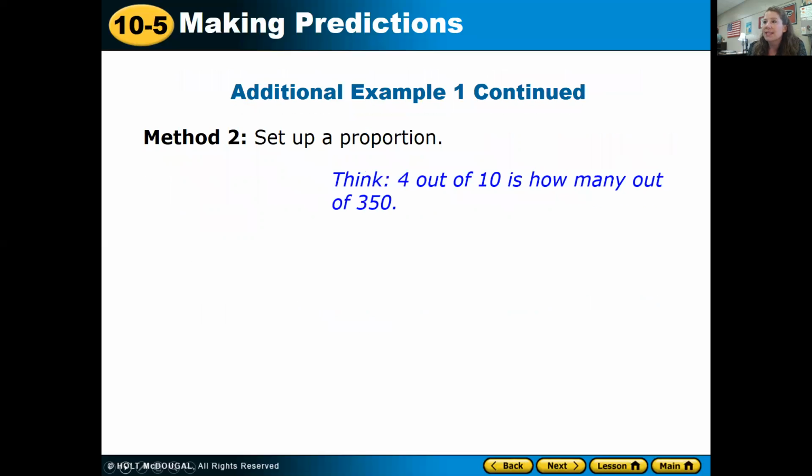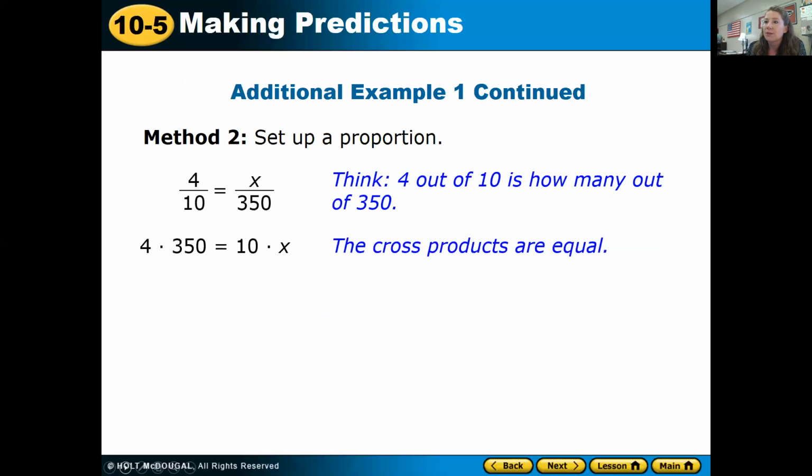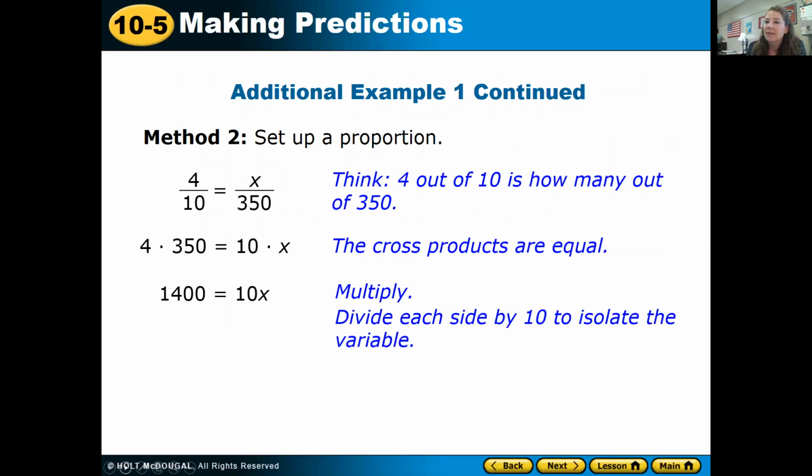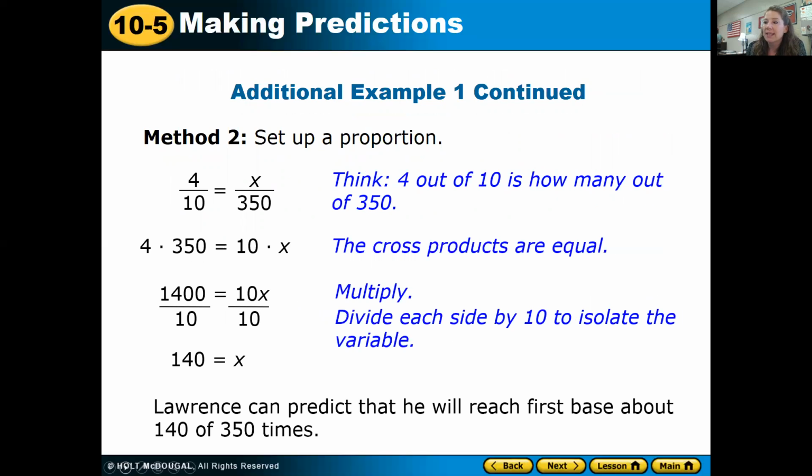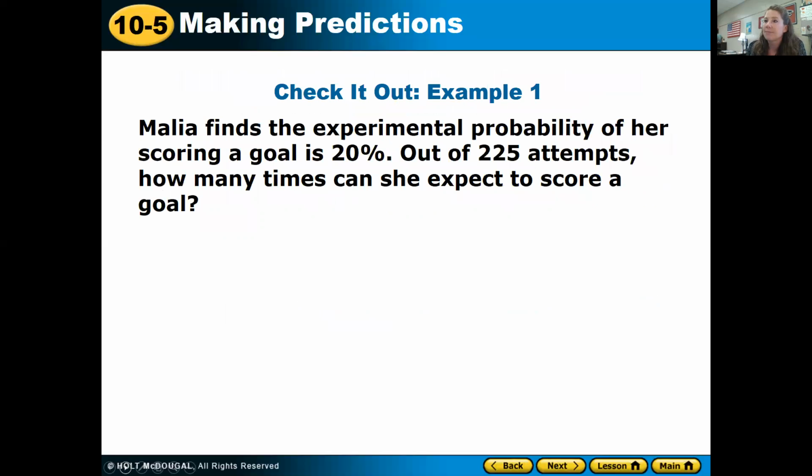You can also use the same information, set up a proportion, and cross multiply. Once you cross multiply, to solve for x, you divide by 10. And once again, we get 140. Lawrence can predict that he will reach first base about 140 out of 350 times.